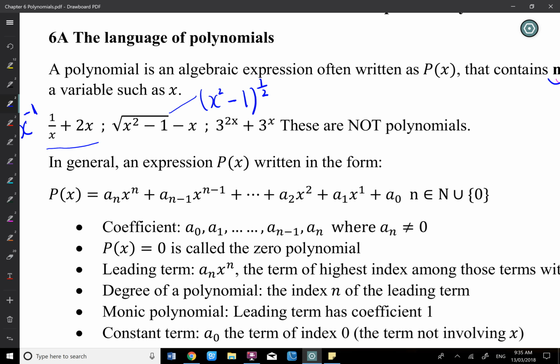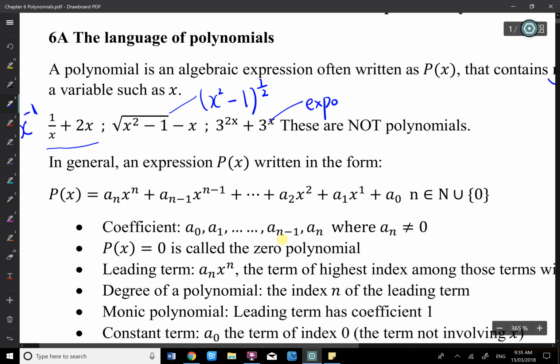The third one, we can see all integers, whole numbers and positive numbers, but this is not a polynomial. This is an exponential, because I need a constant power. This is a power containing variables, which is not good. So this is called exponential.